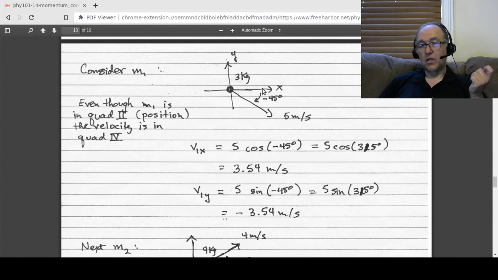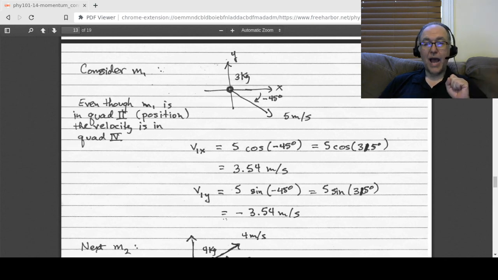Or conversely, you could start at the positive x-axis and turn clockwise, that's in the negative direction, 45 degrees. That gives us an x component of 3.54 meters per second. Do the same thing for y, but with sine: 5 sine negative 45 degrees gives you negative 3.54 meters per second. Notice that the x component is positive and the y component is negative, quadrant 4.